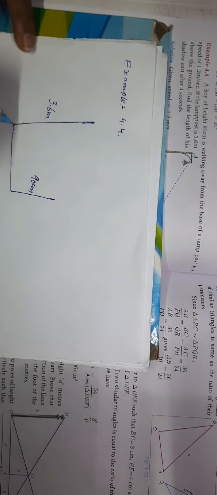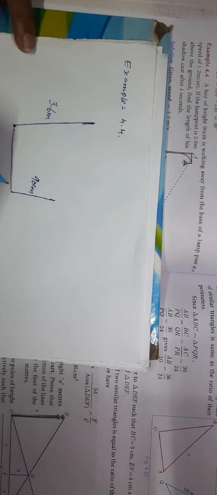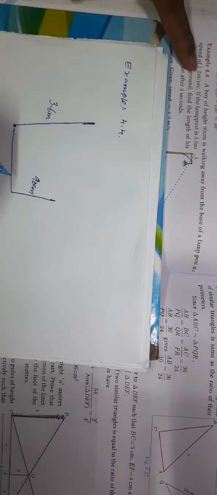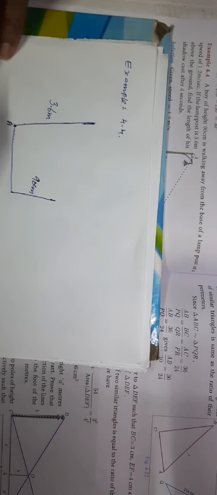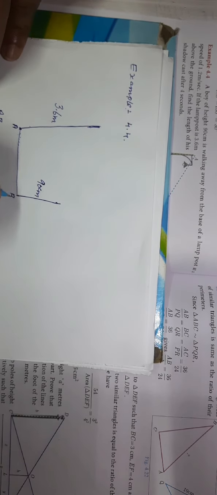Okay, so first the boy is standing here. Now he is moving away from the lamppost at the speed of 1.2 meter per second. Now the boy comes here. First the boy is standing at point A. Now he moves and comes to point B here. Clear?